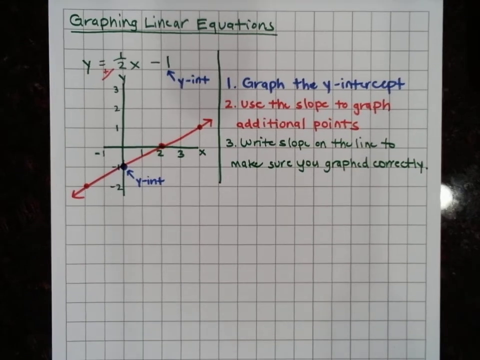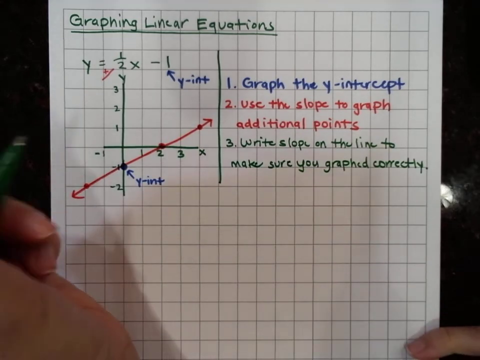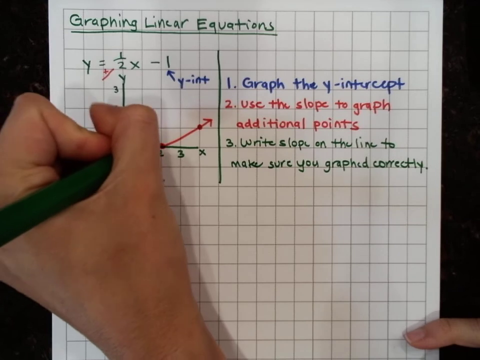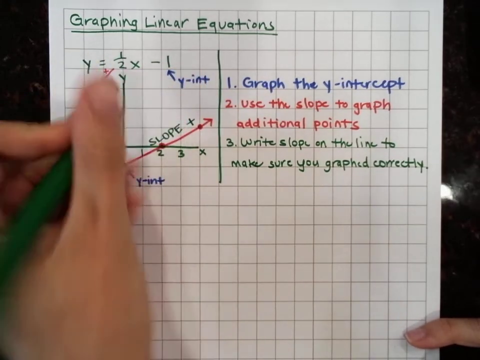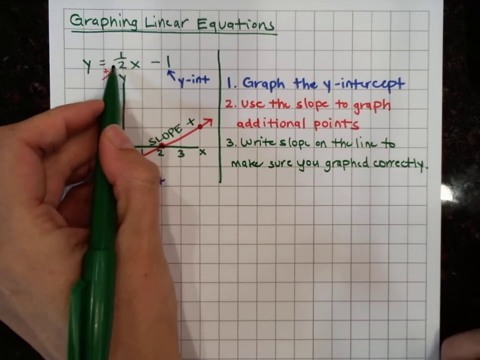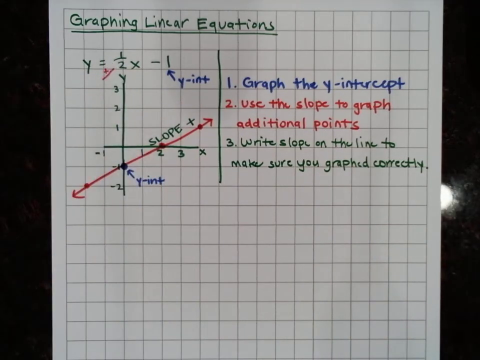This is a little check that I like to have my students do to make sure they don't make this common mistake. So if you write slope on your line, it's going up. It is a positive slope, and yes, I had a positive slope. So I know that at least my line is going in the right direction.